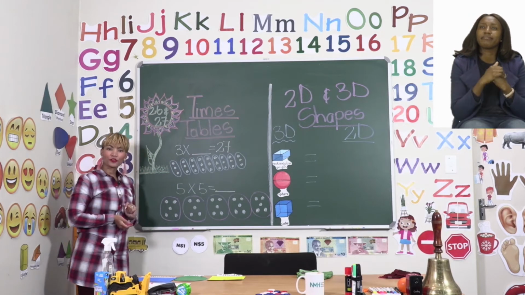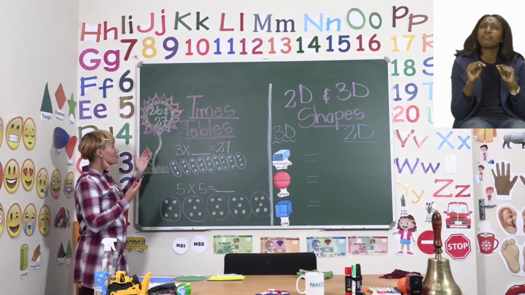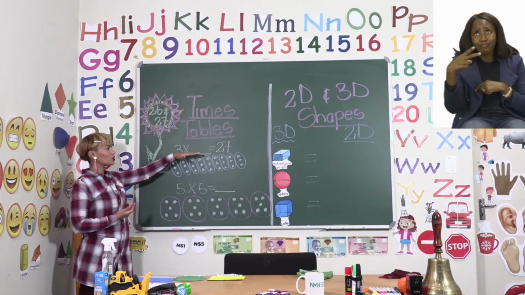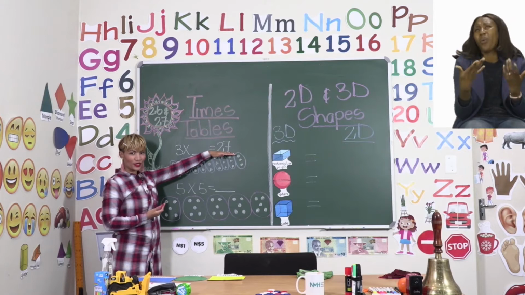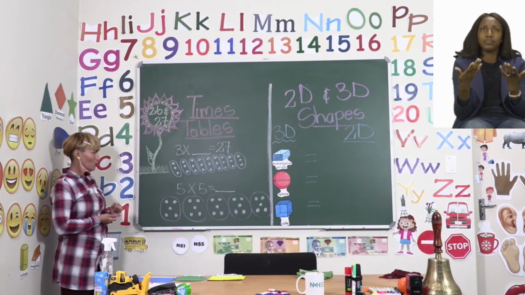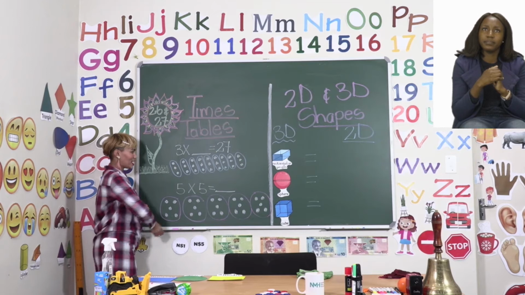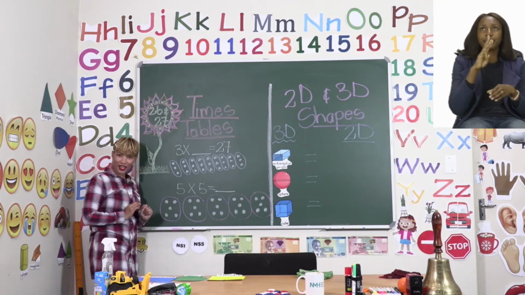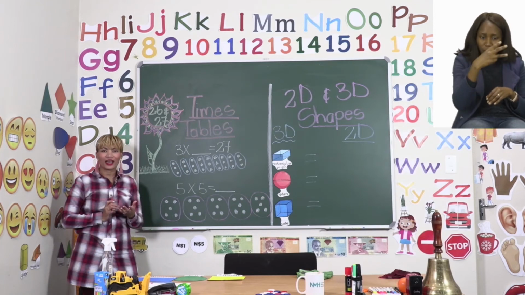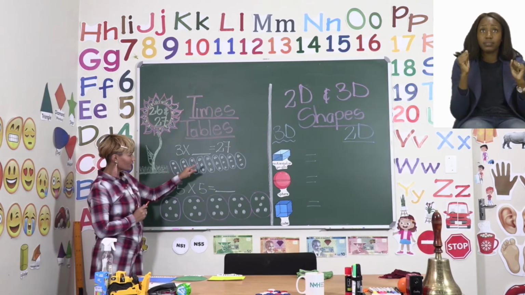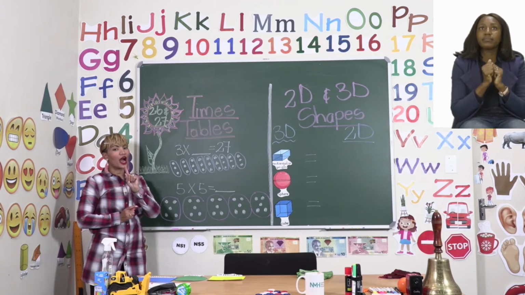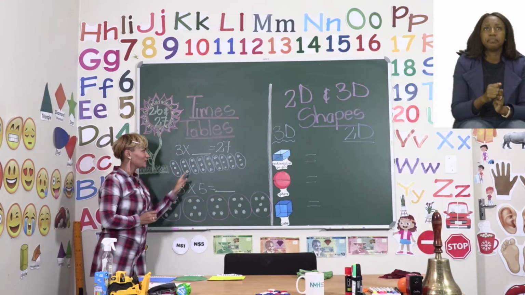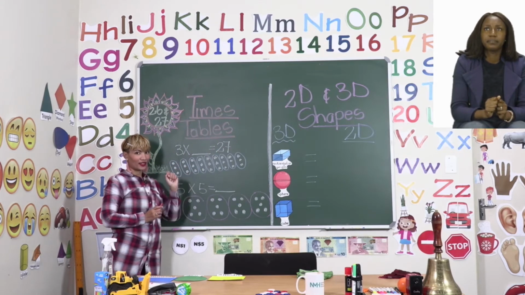So now we have to figure out how much do we have to times 3 to get to the number 27. So what I have done is I made little groups of 3 dots for myself. So now I want us to count all the dots and then we see how many groups of dots did we have to make to get 27.